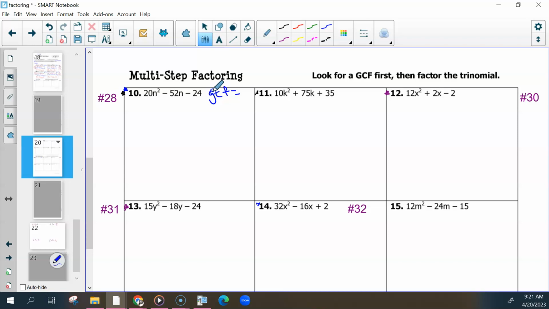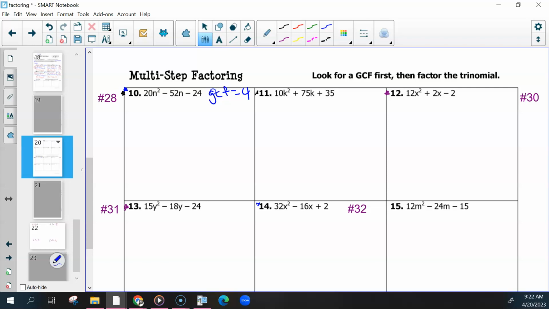It might be 6. Not 6. 4. Yeah, 4 works. Correct. It goes in evenly. Alright, so it is 4.